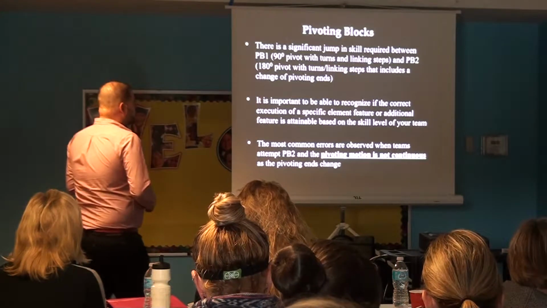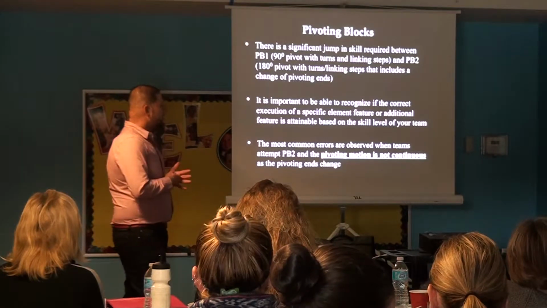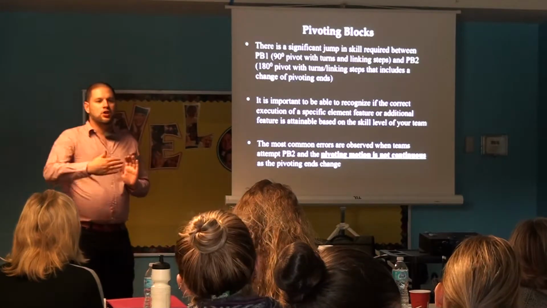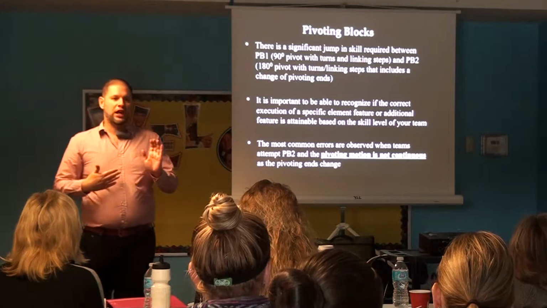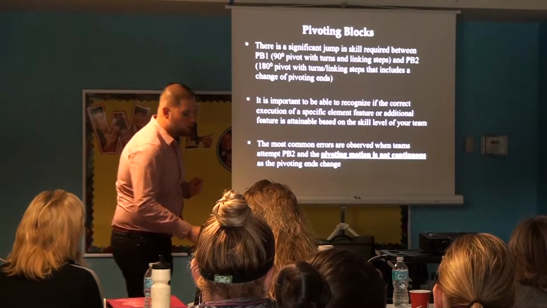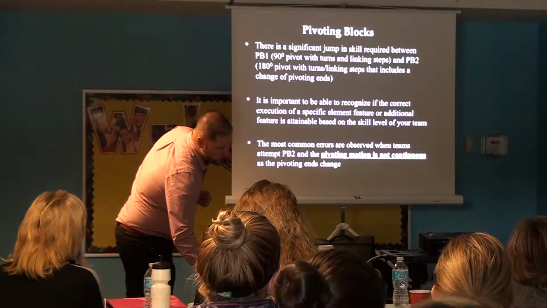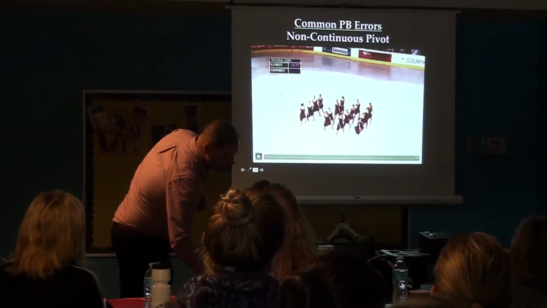So the most common error we observe in pivoting block 2 is that the pivoting motion is not continuous as the pivoting ends change, okay? We're going to take a look at a few examples to point out some common errors in pivoting.